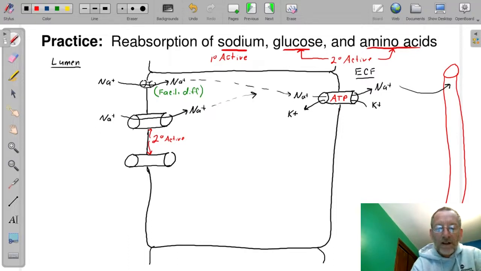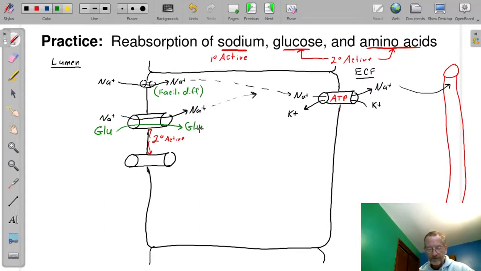And we are also bringing in a glucose. So in comes the glucose. We just did this. This was our SGLT again, if we wanted to abbreviate. And the SGLT stood for what? S for sodium, G for glucose, linked transport.